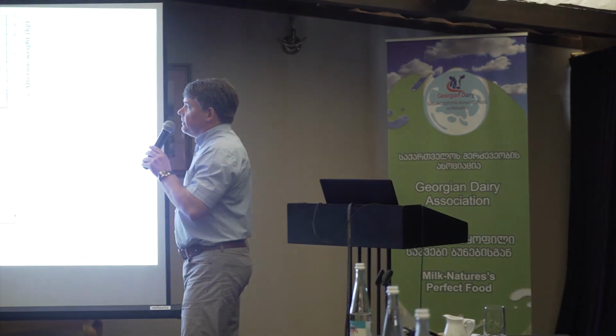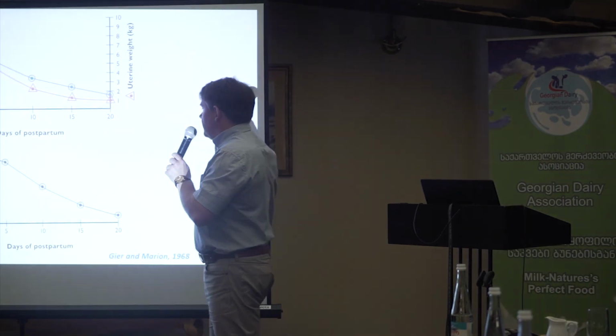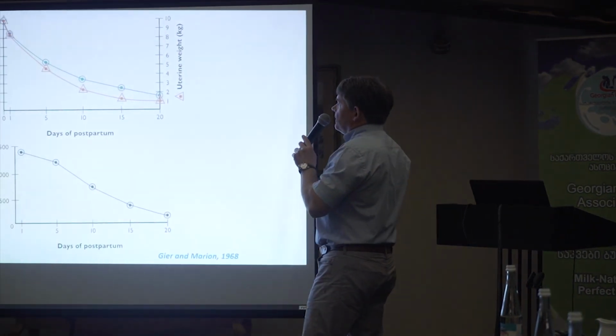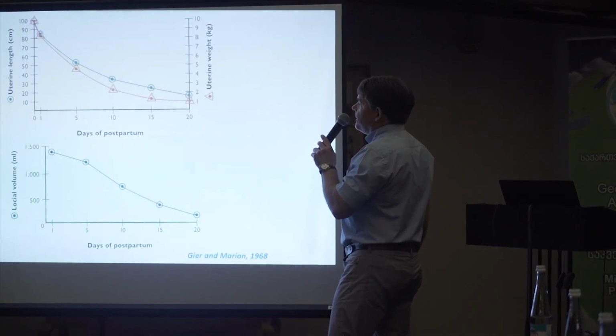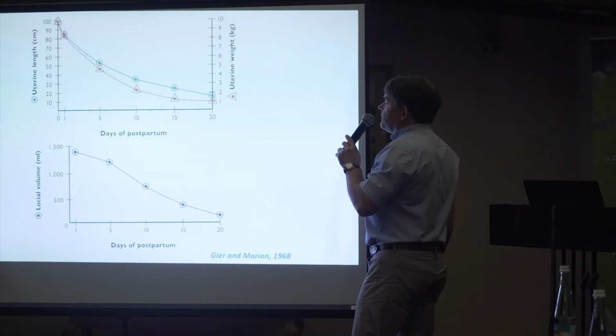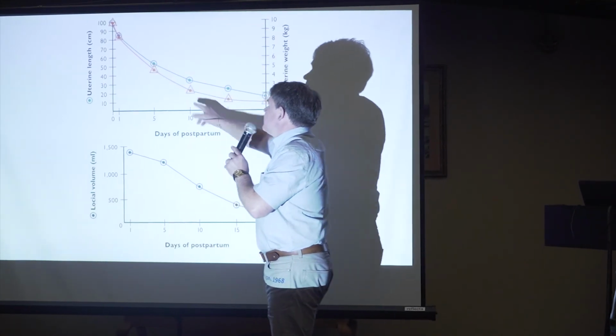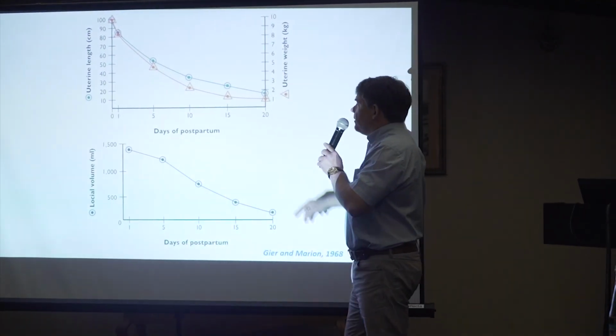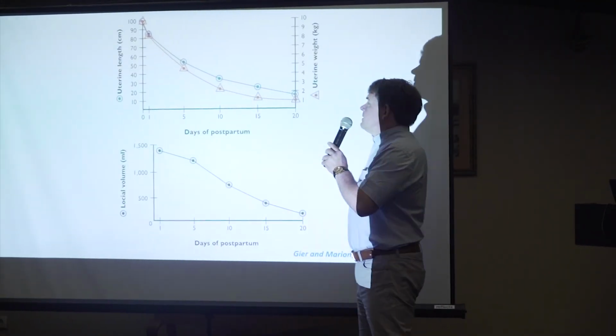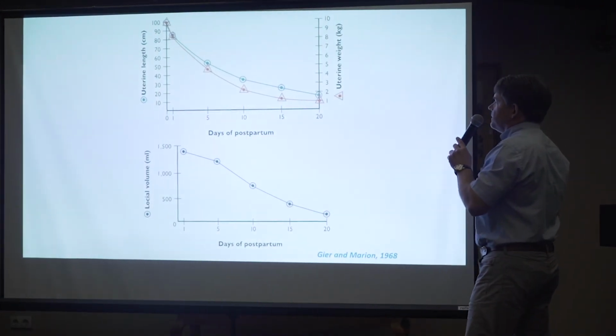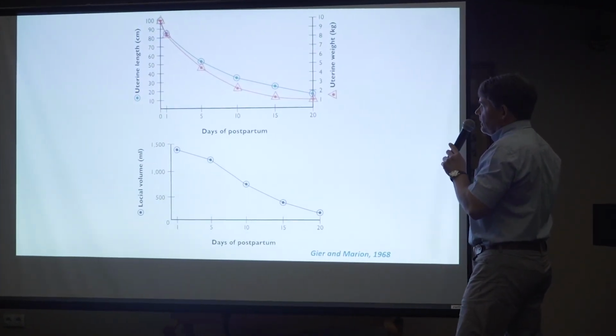By diagrams we can see it like this: the uterine weight is here, and there is also the uterine length in centimeters, and we see that this is quite a quick decrease, and around day 10, half of the size is lost compared to immediately after parturition.